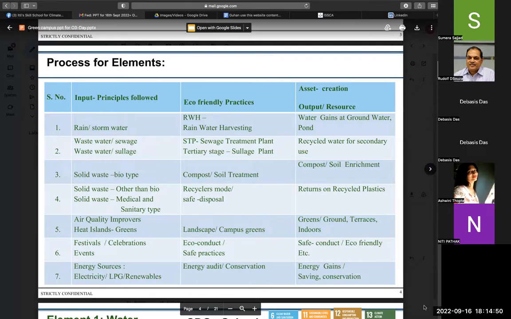Okay, next I'm coming to waste. I told you that in whatever complex or campus or colony you are, you try to keep your place as clean as possible. So you get solid waste. Now we talked about wastewater, and now we are talking about solid waste.